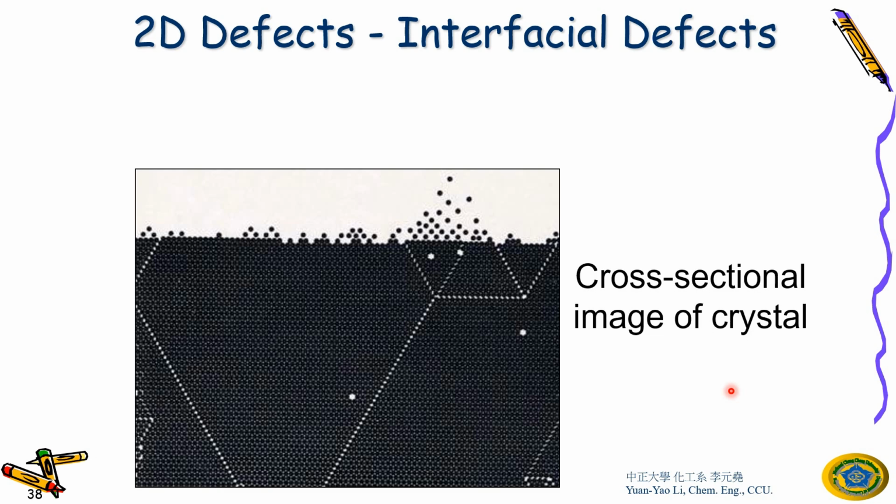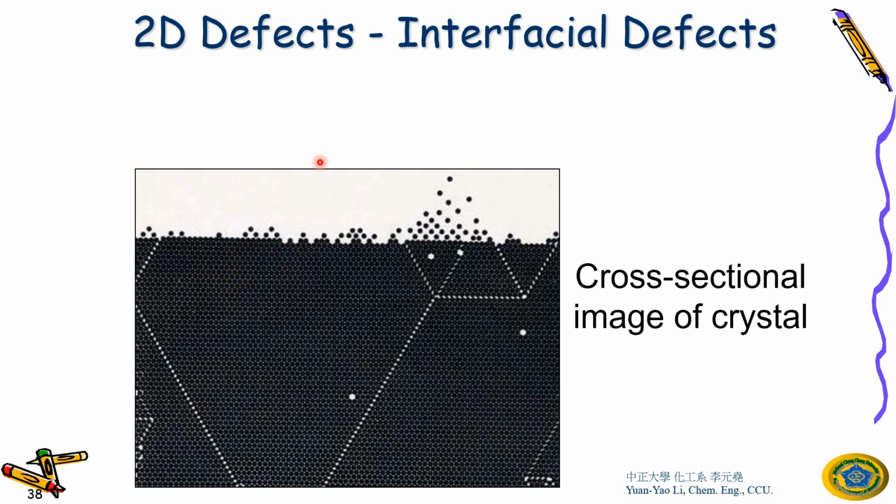This is a cross-sectional image of a crystal. If you have a crystal, you cut it in half, and you see the cross-section of this crystal. If you take a very close look with a microscope which can reach the atomic scale, you might see something like this.